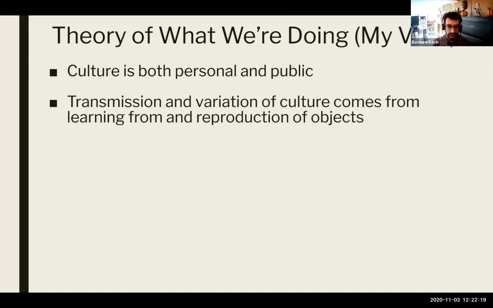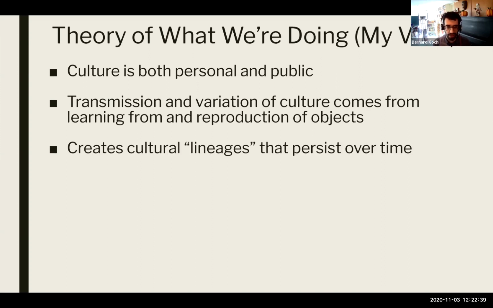The transmission and variation of culture comes from learning from and reproduction of objects. We learn and reproduce objects, which changes our own personal cultural representations or ideas, and we reproduce those for others. You all know about this; it's a cultural evolution thing.